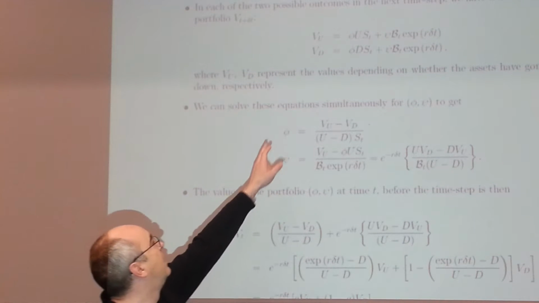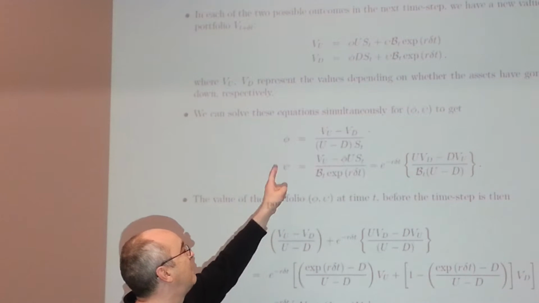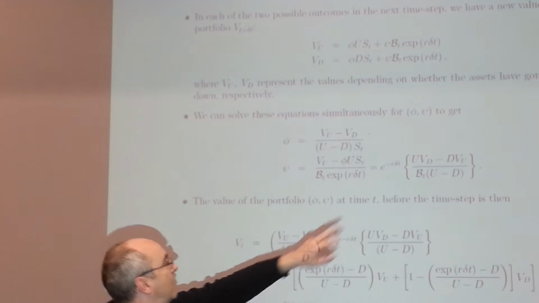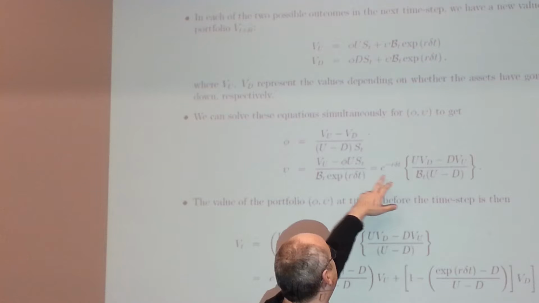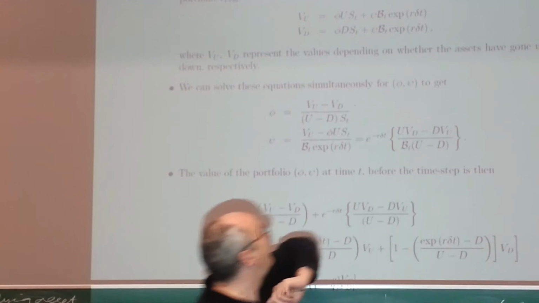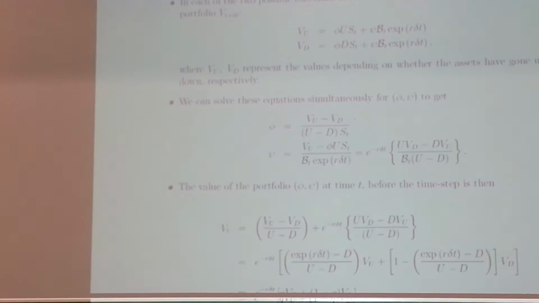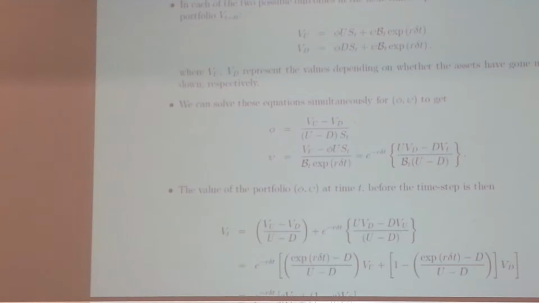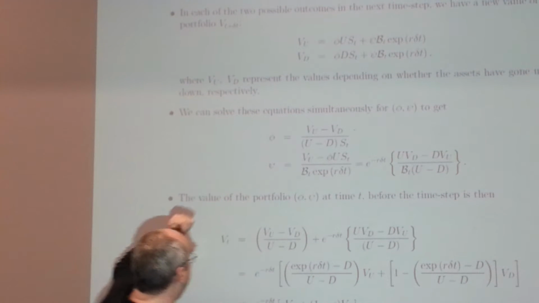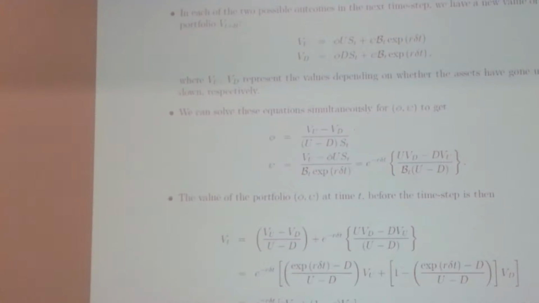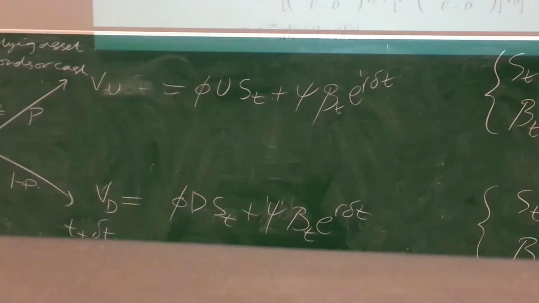If I take those phi and psi values as read, I rewrite this one. I can write it in a more symmetric form by substituting in the phi value, so purely in terms of just the U, the D, the ST. If I substitute that back into my expression for VT, what do I get?